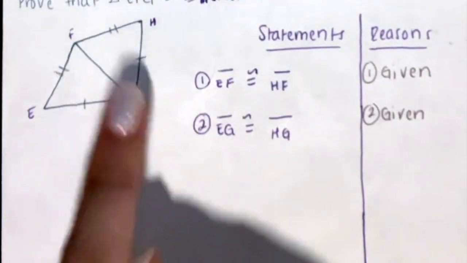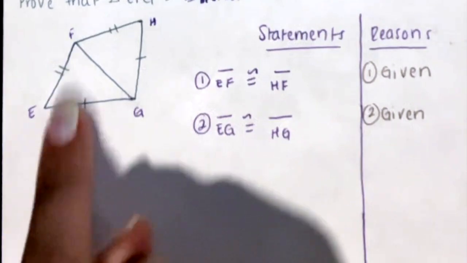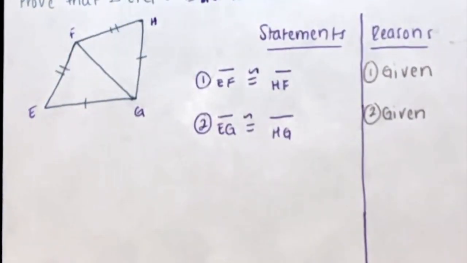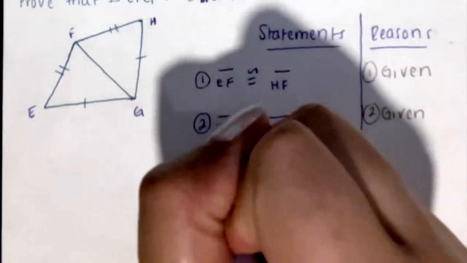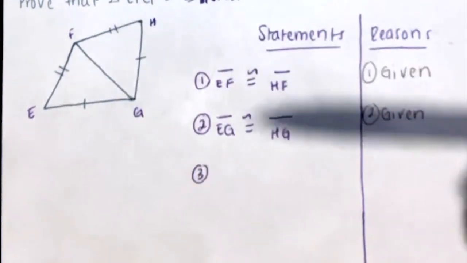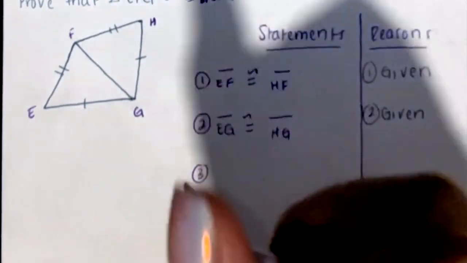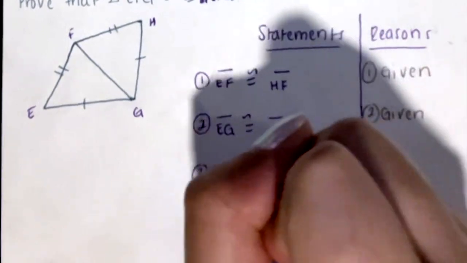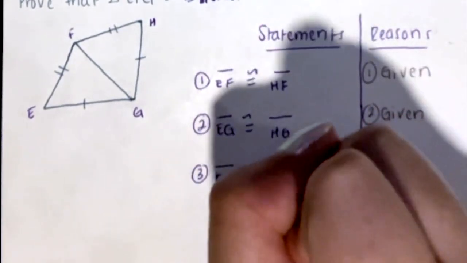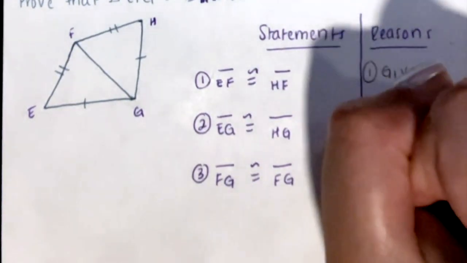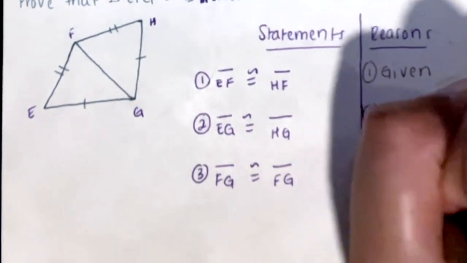Because this line segment belongs to this triangle and this triangle, it's congruent to itself because it's the same line segment going to each triangle. So the distance has to be the same. So we're going to say the line segment FG is congruent to line segment FG because of the reflexive property.